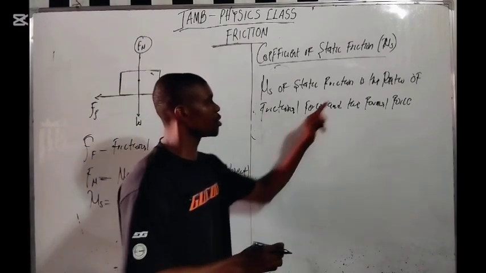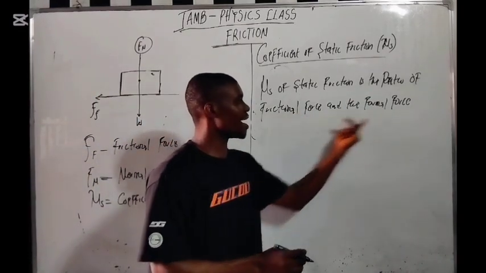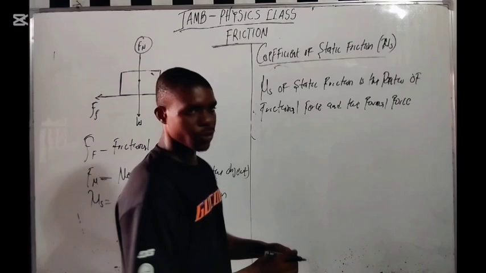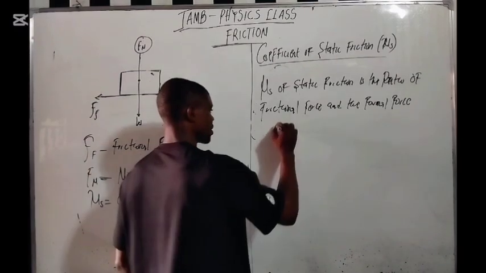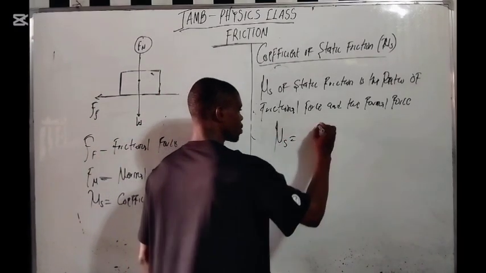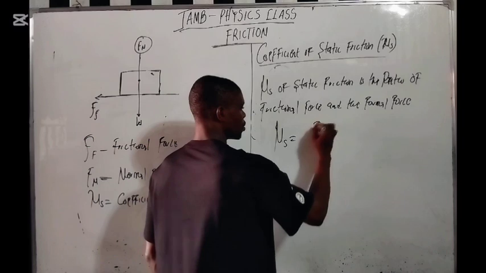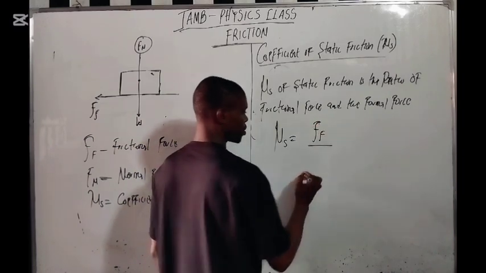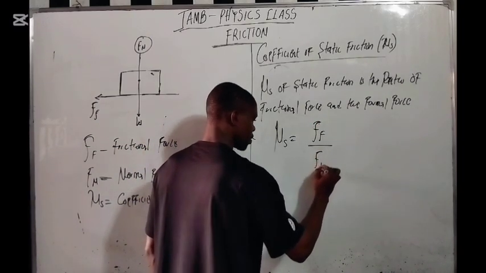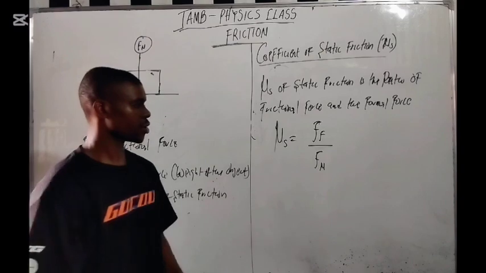So the ratio of frictional force and normal force is called coefficient of static friction, which is frictional force over normal force here. You understand?